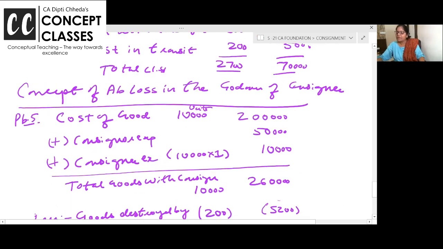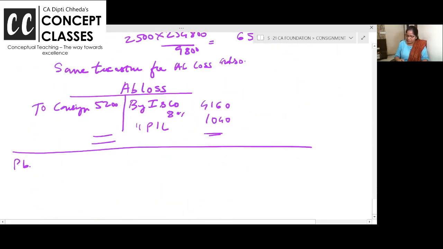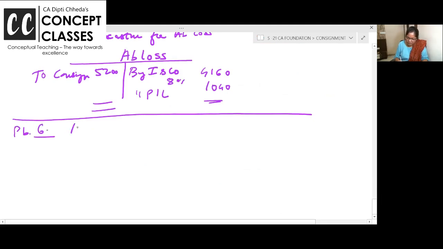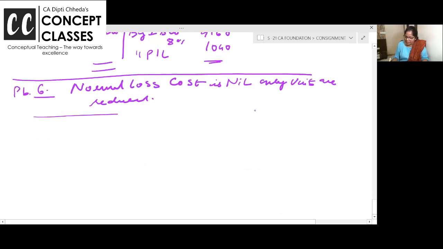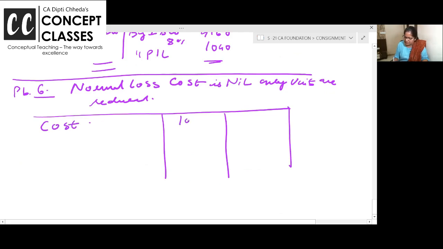5. And now, let me see. Sixth problem we are doing now. Normal loss. Cost is nil. Only units are reduced. Same data you can write a little quickly. 10,000 units.